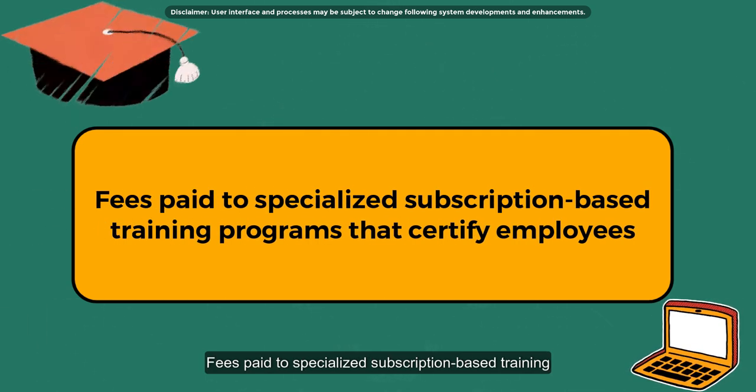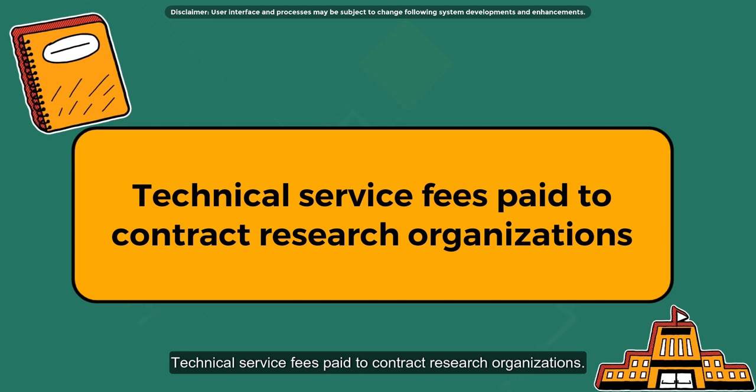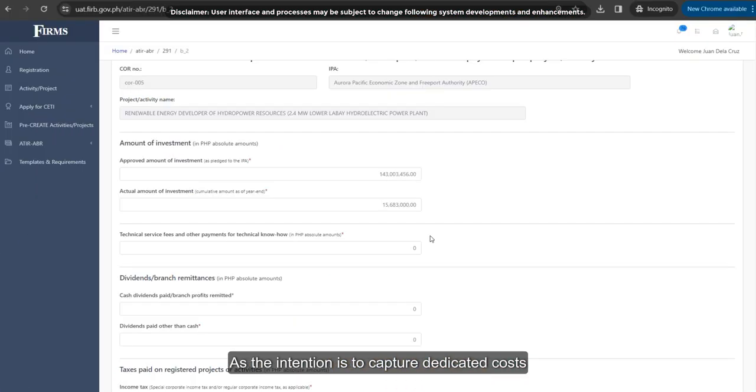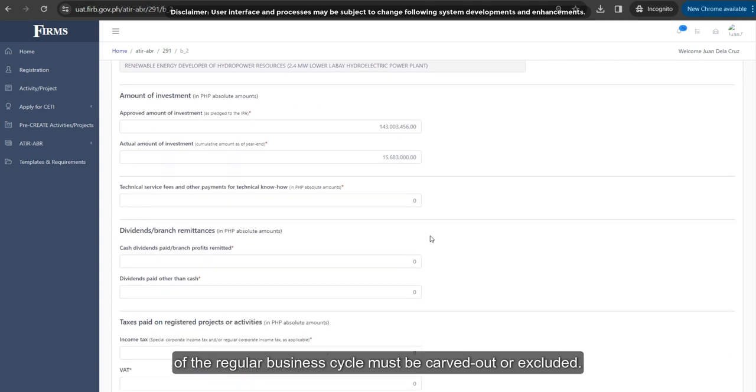Fees paid to specialized subscription-based training programs that certify employees, and technical service fees paid to contract research organizations. As the intention is to capture dedicated costs in the pursuit of knowledge creation and knowledge transfer, fees paid for recurring training, which forms part of the regular business cycle, must be carved out or excluded.